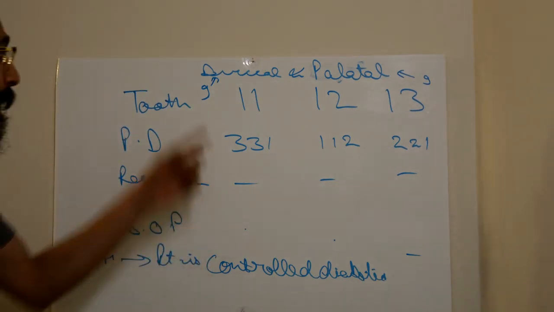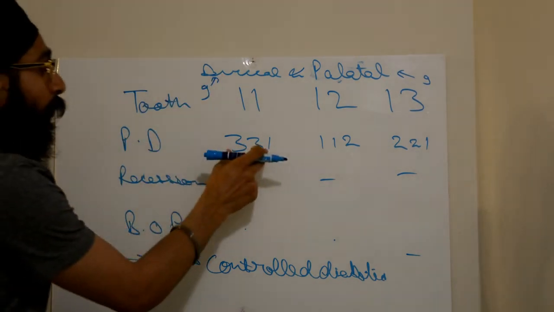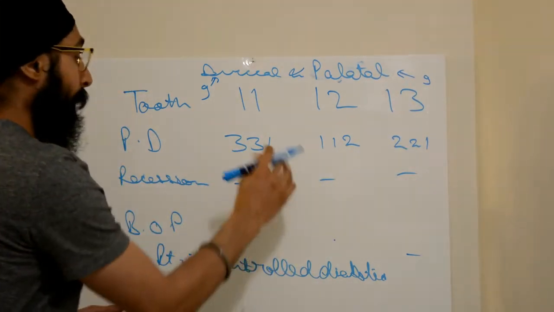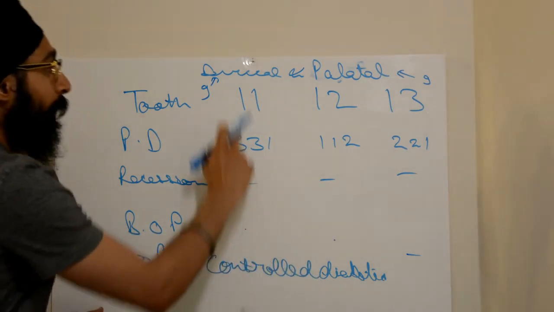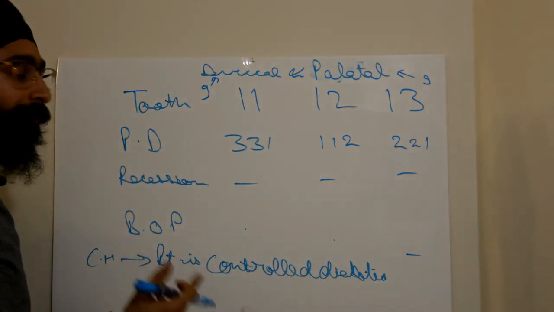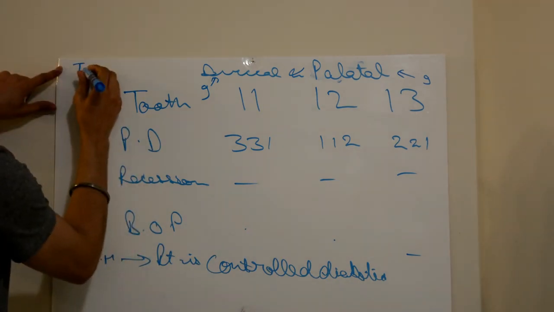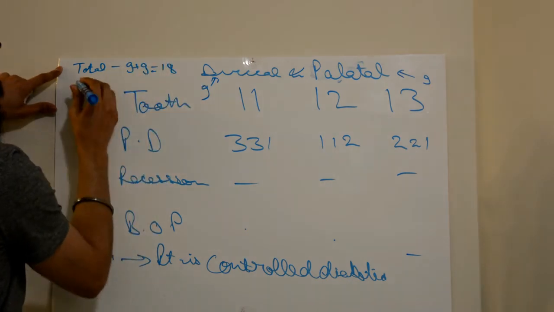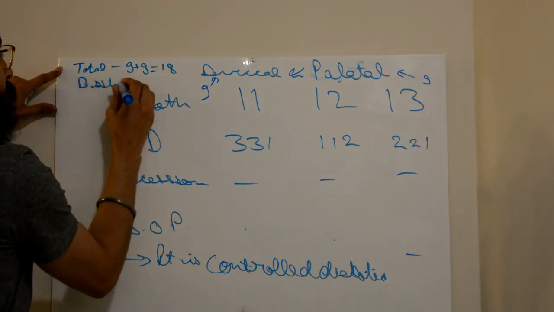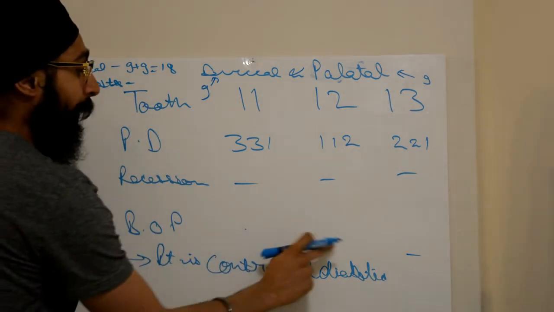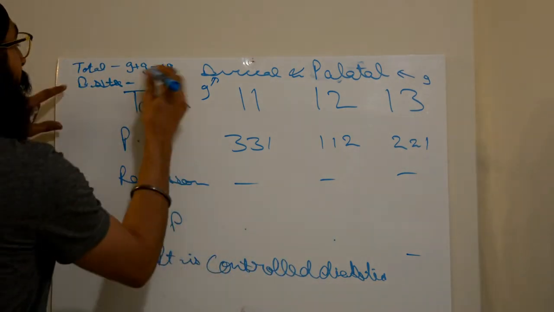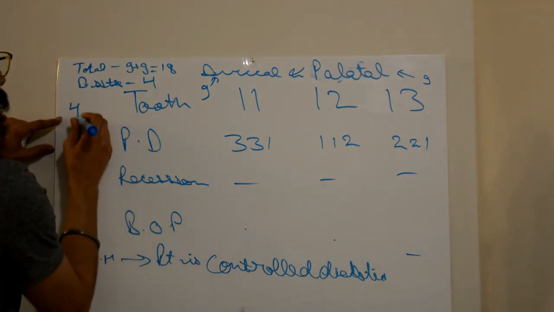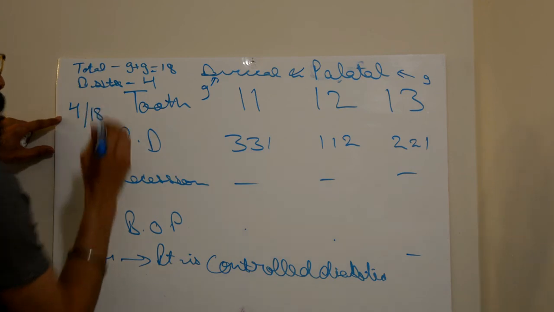Friends, on the buccal side the total number of probing sites is 9, and bleeding sites are only 2. On the palatal side it's the same: total probing sites 9 plus 9 is equal to 18. Total number of bleeding sites: 2 on the buccal and 2 on the palatal. These are 4. So 4 out of 18 sites.